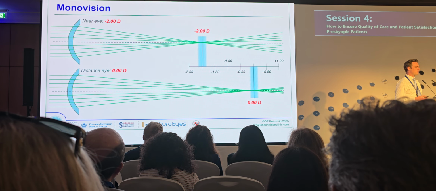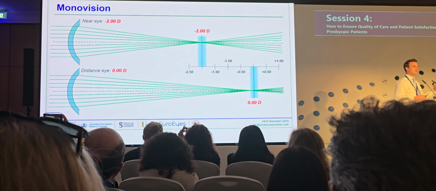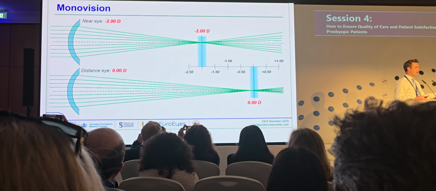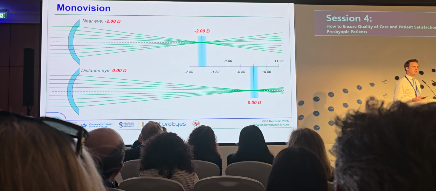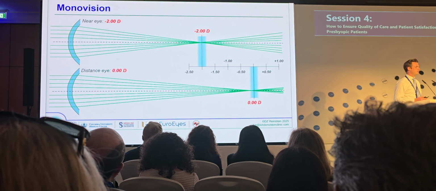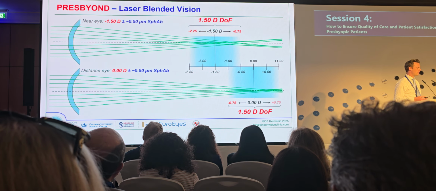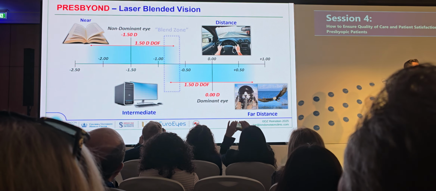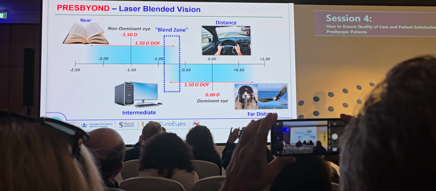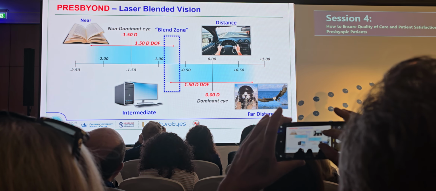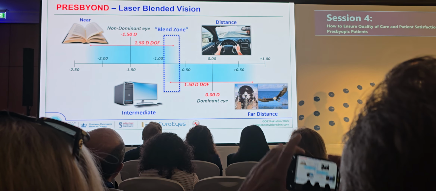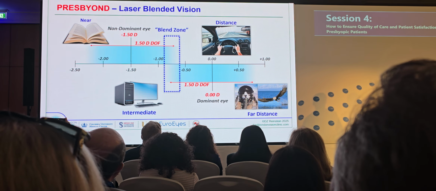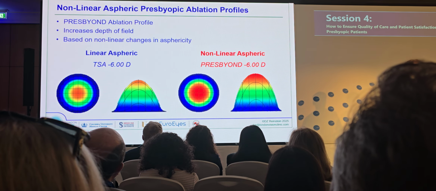In comparison to monovision, where you don't have the depth of field, you need the additional amount of anisometropia to achieve the near vision, but you end up with the gap in between. And so this enables us to achieve the good distance vision and the near vision, as well as the intermediate vision, with the eyes blending, which is why it is tolerant and accepted by a great amount of patients.